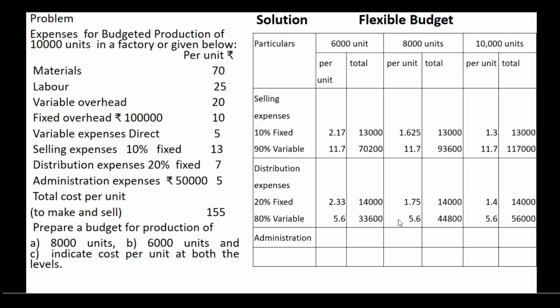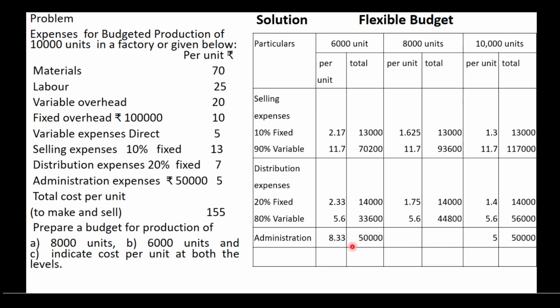So first we enter under the 10,000 unit. The cost per unit is 5 rupees and the amount is 50,000. The amount is the same at every level, so in 6,000 units the amount is 50,000 and in 8,000 units it is also 50,000.